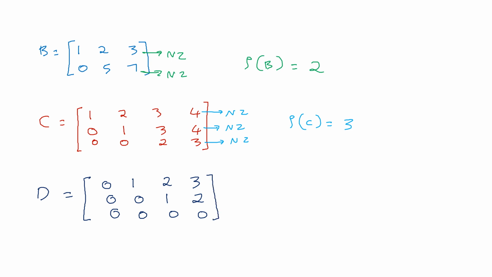Is this an echelon form? Yes, this is also an echelon form. Here you see the first row is non-zero. The second is non-zero. A zero row means all entries should be 0. So in this you see the third row is 0. Therefore, what is the rank of this matrix D? The rank of this matrix D is 2.